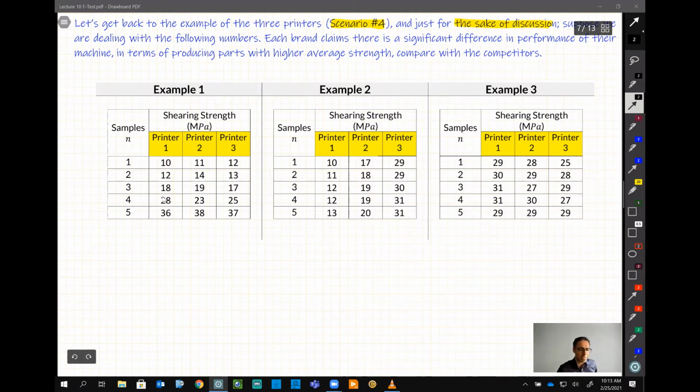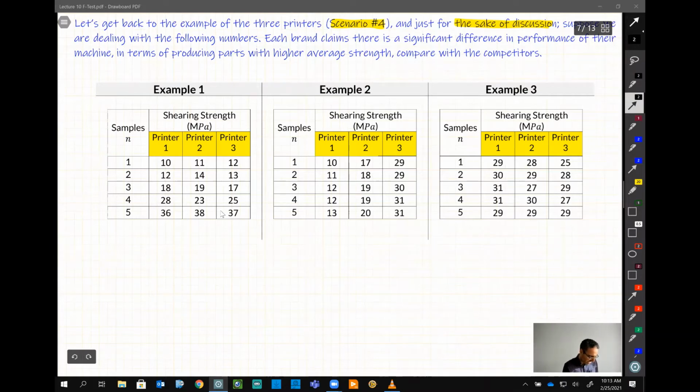If you look at the first column of data in example 1, you see huge variance: 10, 28, 36. Printer 2, similarly, 11, 23, 38, and printer 3, the same. Large variance within each group.